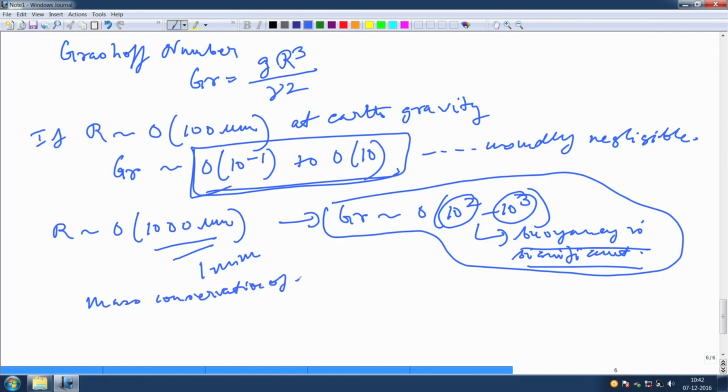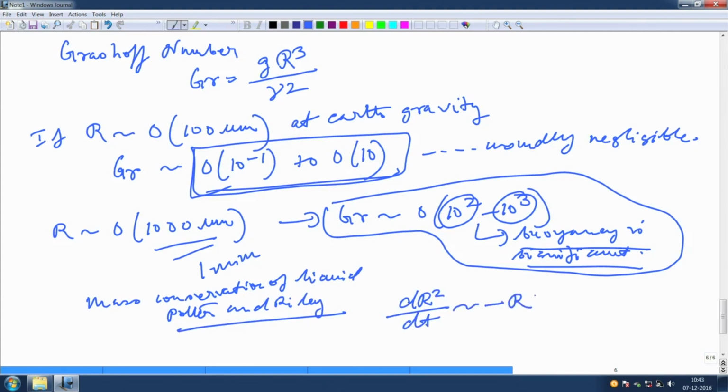from a conservation of liquid point of view, there were two people called Potter and Riley. They actually found out, from liquid mass conservation, they showed that this is the variation. This is not a separated flow, this is numerically calculated, okay, not a separated flow.